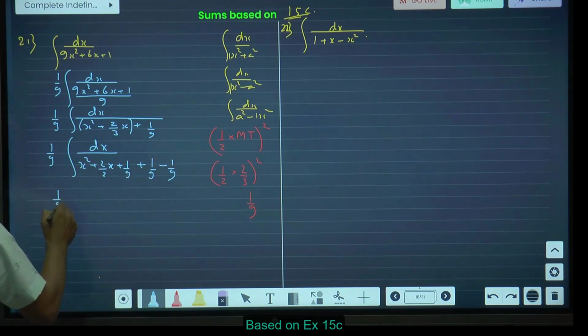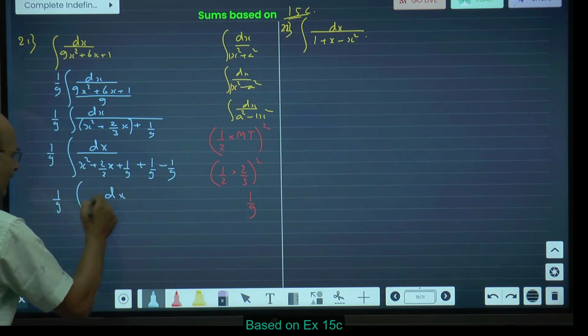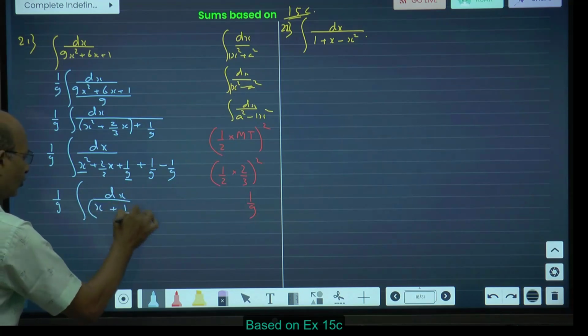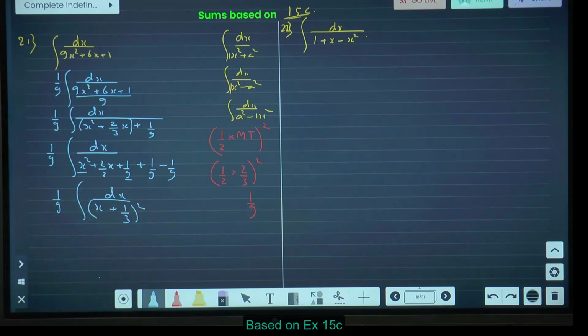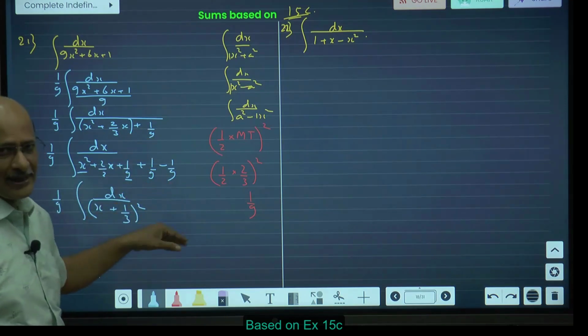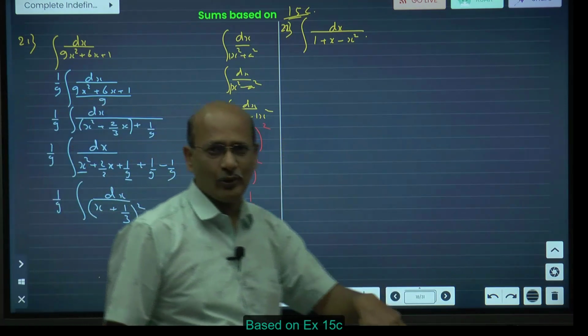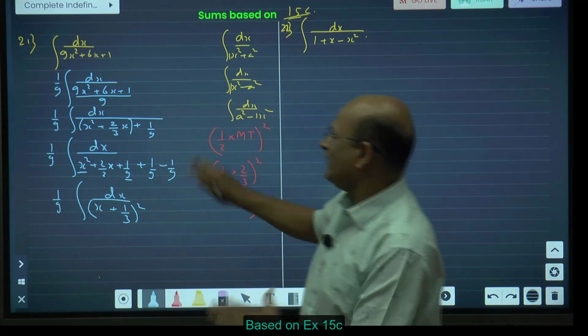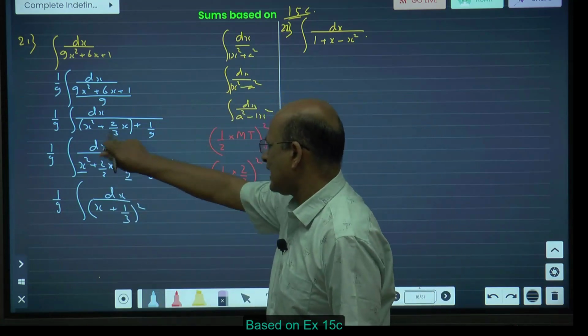So you might ask me some question, some doubt. Now this goes, now this is a perfect square. This is x plus 1 by 3 whole square. Now please try to make a point here. You must say, if this gets eliminated directly, why add and subtract here? This is a uniform procedure I am doing, because 99% of sums will not land up directly.